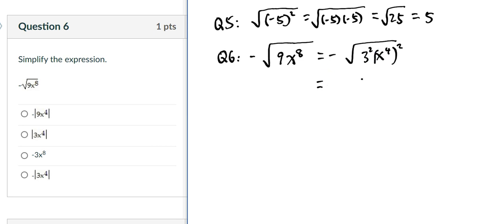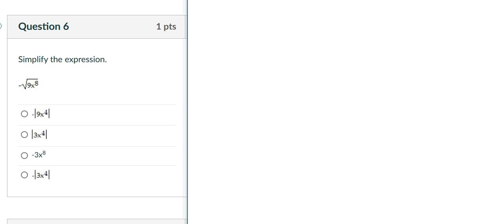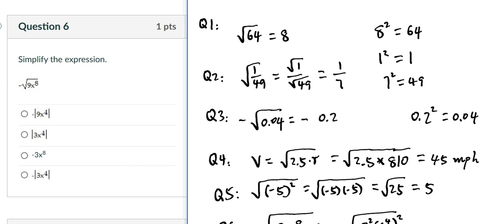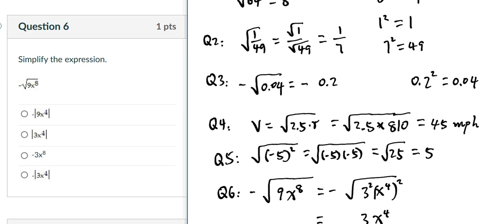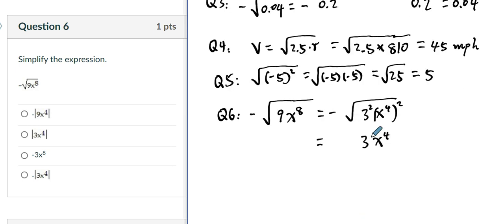3 out because radical 3 squared is 3. And we also get x to the 4th out by the same token. And we know that this is the result for this one.